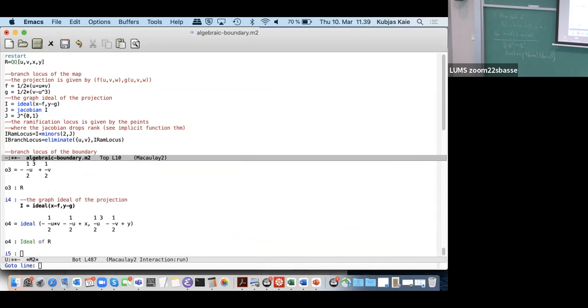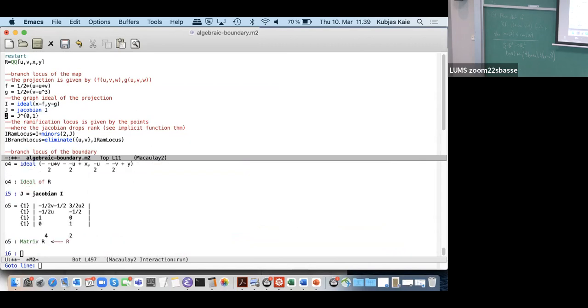Next we will compute the Jacobian of this ideal, but let's note this, we actually want the Jacobian in u and v. Because we have four variables, the Jacobian has 4 rows and 2 columns because we have 2 elements in the ideal. We are not interested in the lower part, so I'm going to get rid of the last 2 rows of the Jacobian. So this is just the Jacobian corresponding to the parametrization.